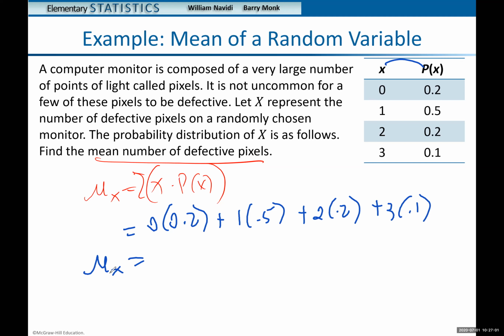What is the answer? 1.2. Questions? No. All right.